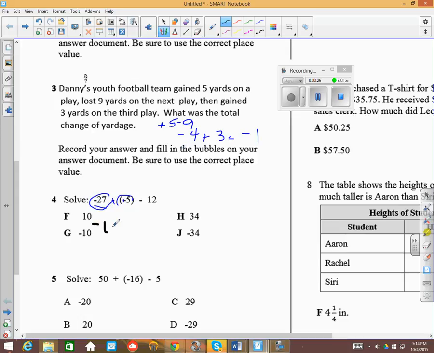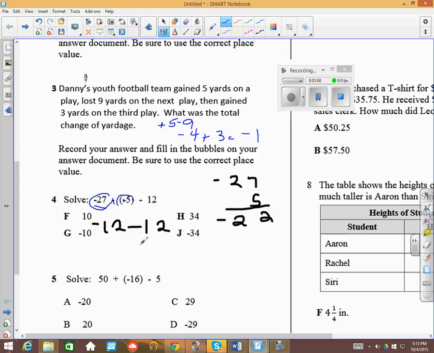Negative 22, and then minus 12. Let me see, I made a mistake here. Let me start it over. This is a positive 5 now. No, it's not 12, it's 22. I'm so sorry.